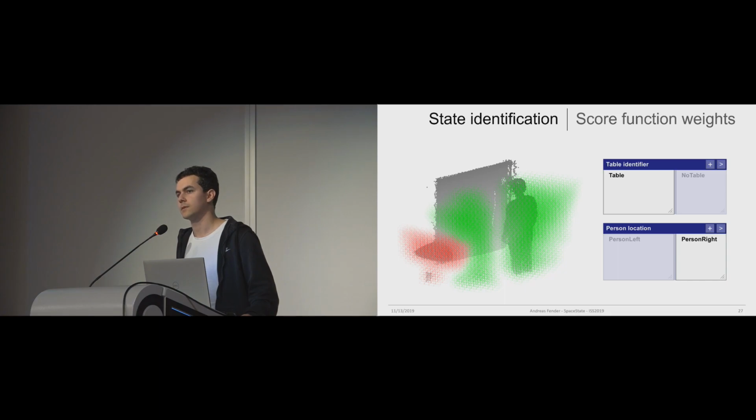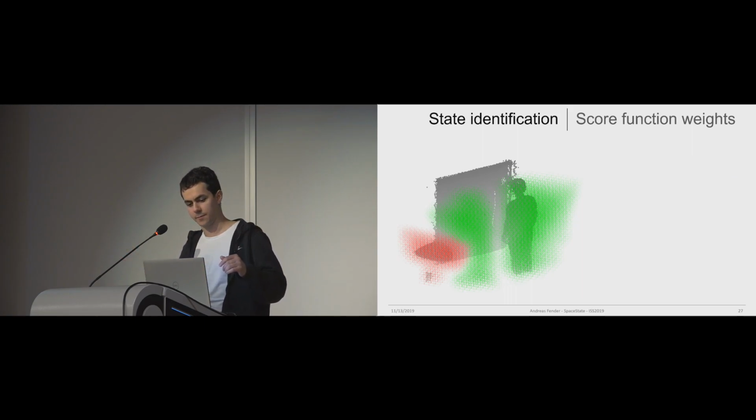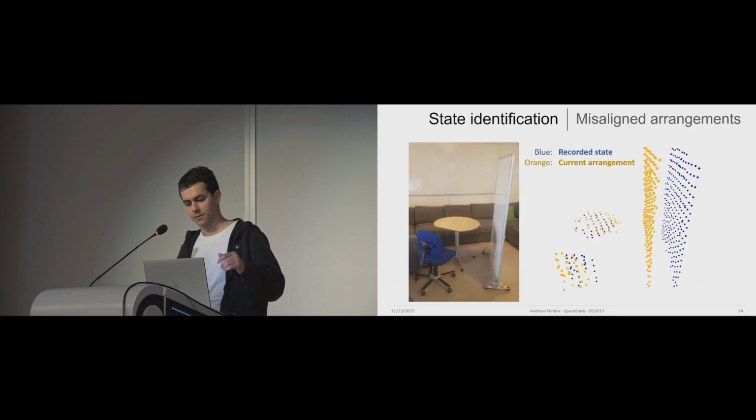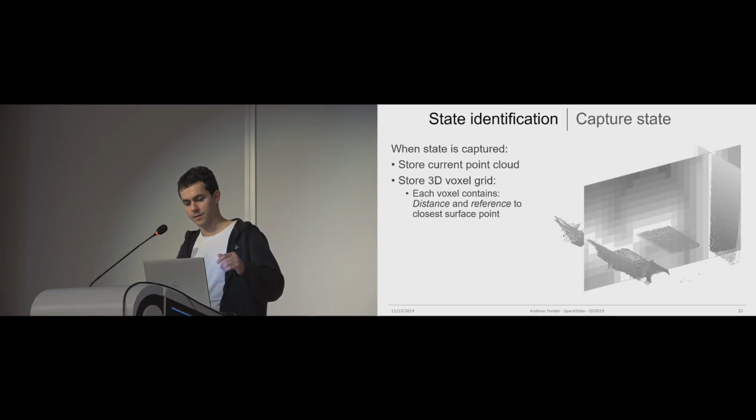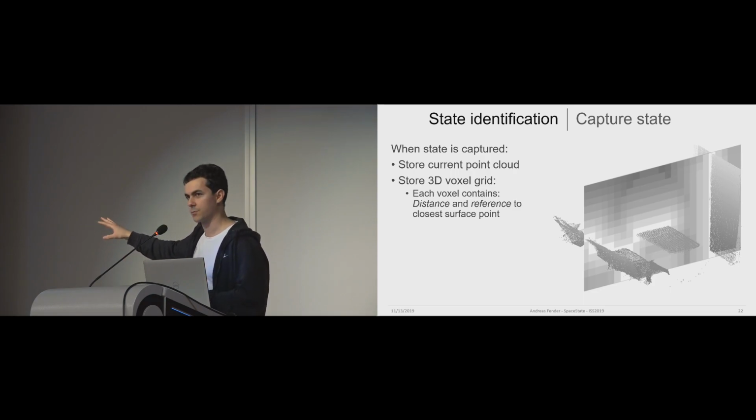Mm-hmm. So in the very moment of capture, it's not known yet. So first, it's just all captured. You have these complete distance functions, and you have multiple of these. But as soon as you put them into the same state identifier, then many of these are just getting disregarded.